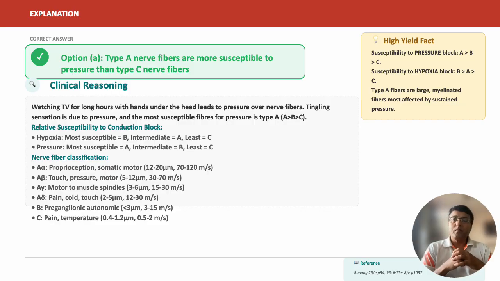So in this particular question, the typical situation, that is the tingling sensation as a symptom in the said patient, is due to pressure on type A fibers.